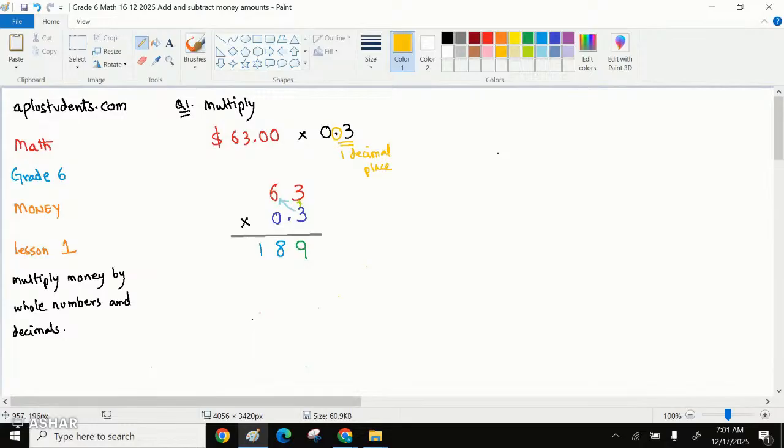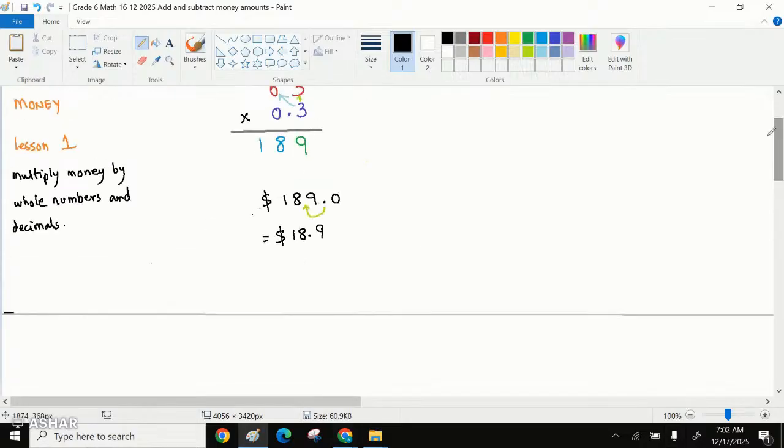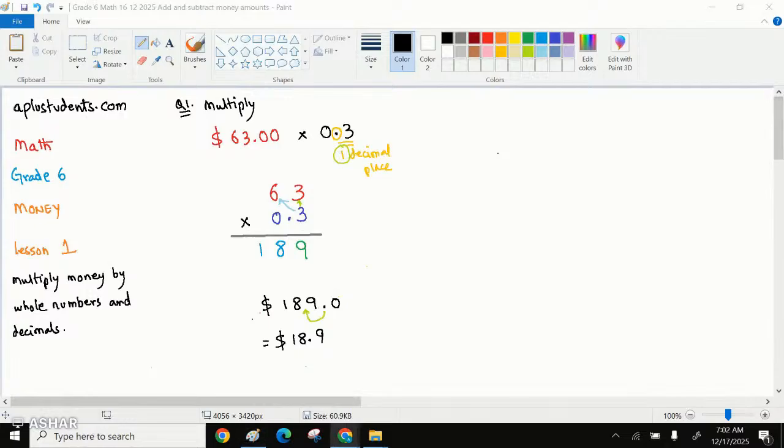So the answer was $189.0. Now we need to move the decimal towards the left one place, because this was one decimal place. That means our answer comes out to be 18.9, which can also be written as 18.90.